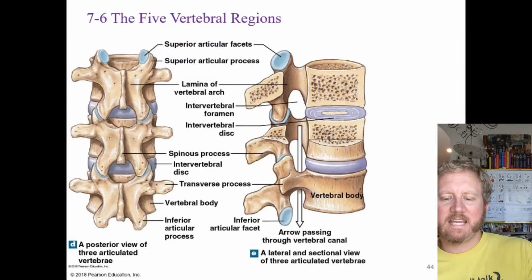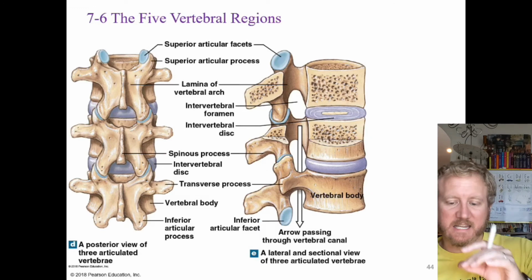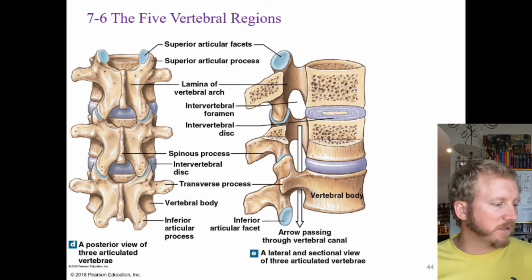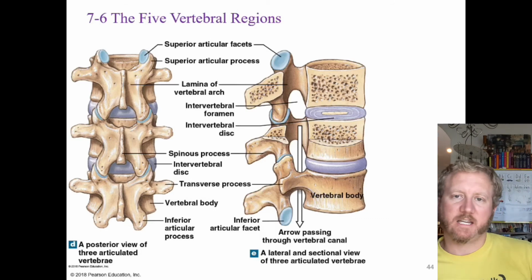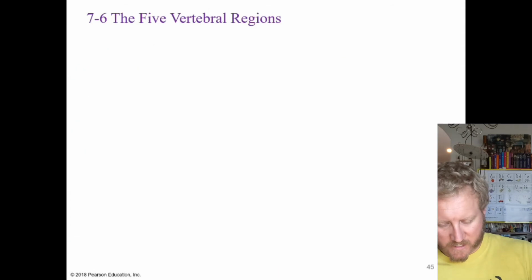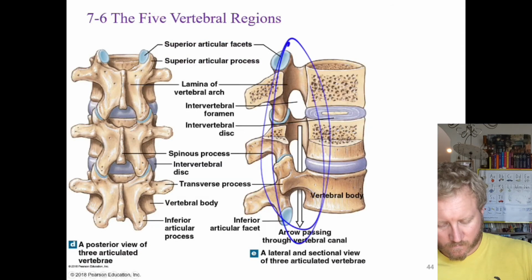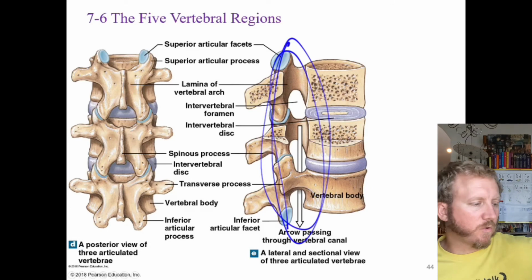In between each vertebral body are discs of cartilage known as the intervertebral discs. And these provide flexibility and cushioning, like shock absorption, between the vertebrae. You have the intervertebral foramen right here, where the spinal cord passes through.